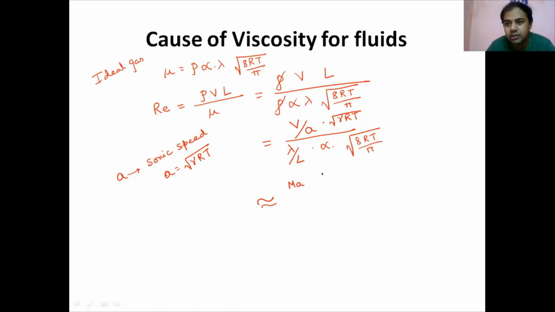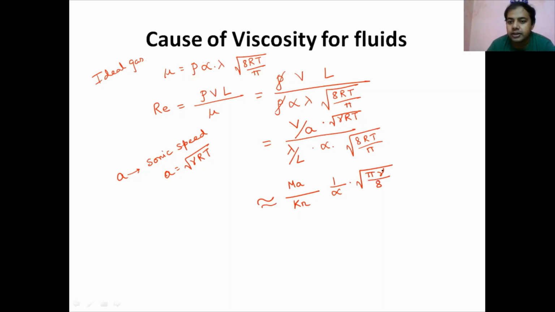In the bulk modulus topic, I have shown you this. The mean free path by the length will give you the Knudsen number. And what is the remaining thing? Root RT and root RT will be cancelled out. So you are able to write the remaining term as root of pi into gamma divided by 8.